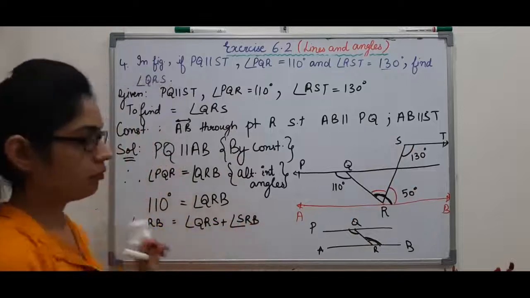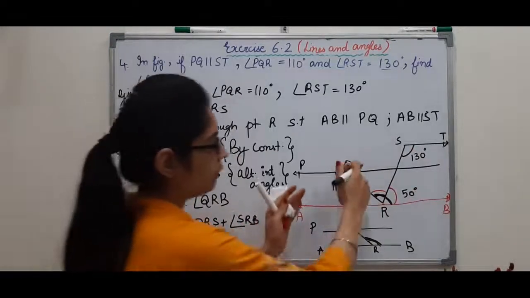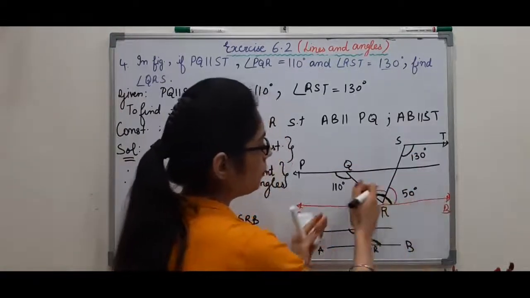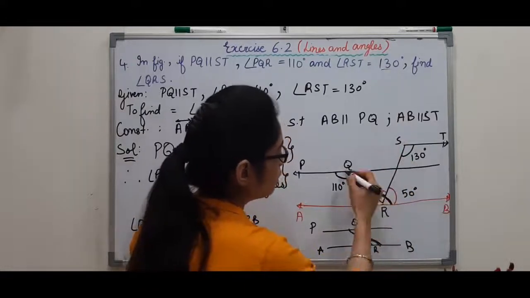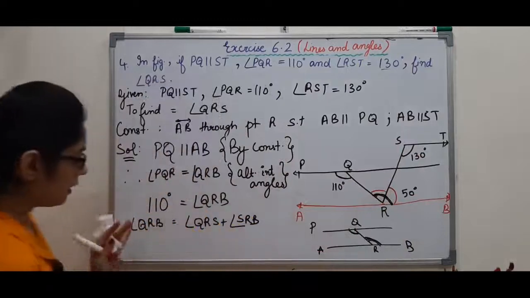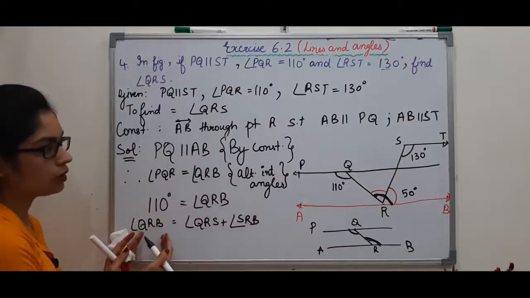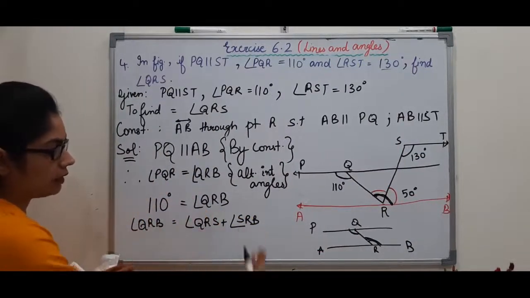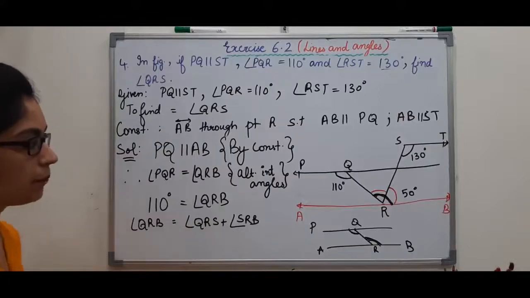This concept from the first exercise we are using, when this complete angle is a sum of these two angles. So I have just broken down QRB as angle QRS plus SRB.